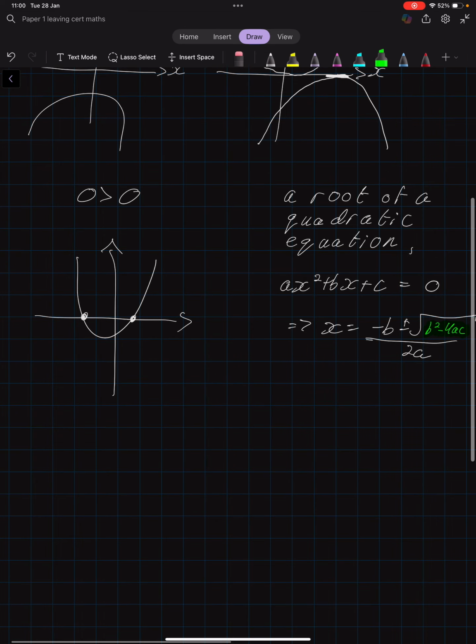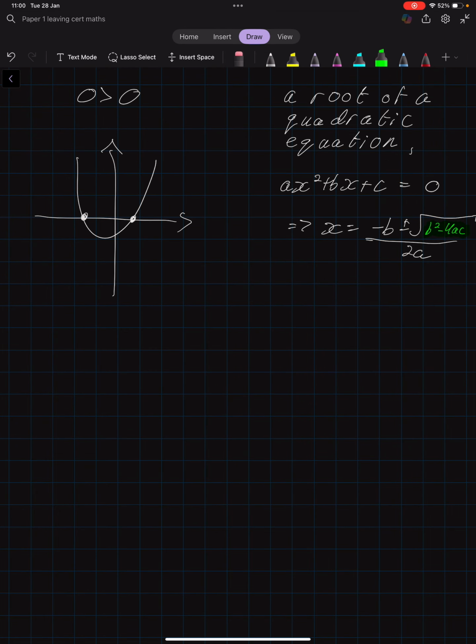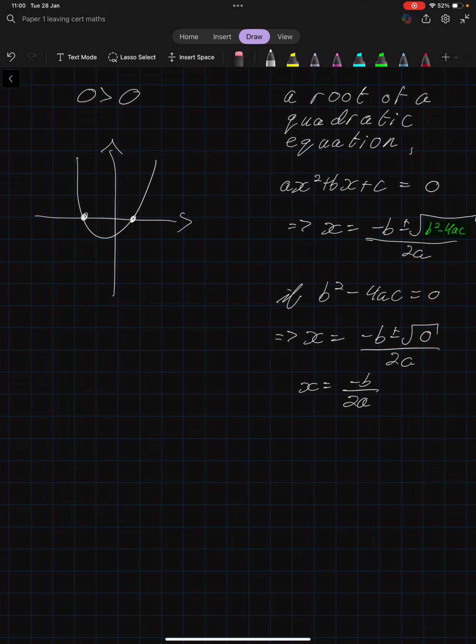If your b squared minus 4ac is equal to 0, then x equals minus b plus or minus the square root of 0 over 2a, which means x is equal to minus b over 2a.